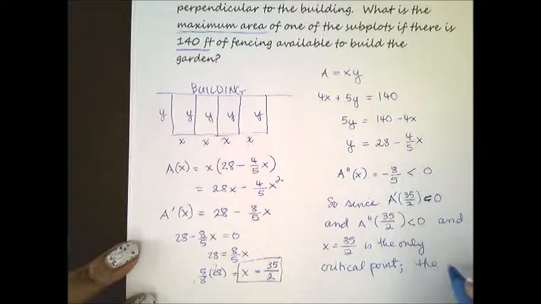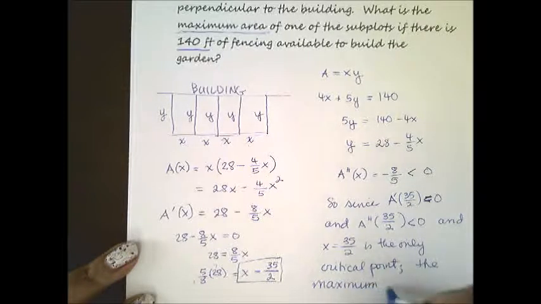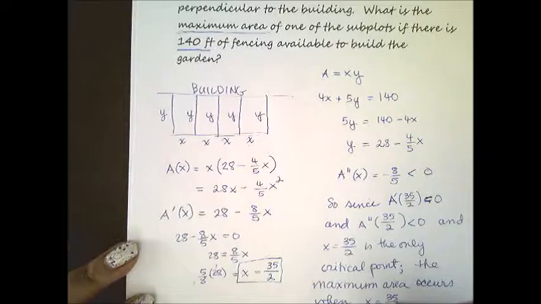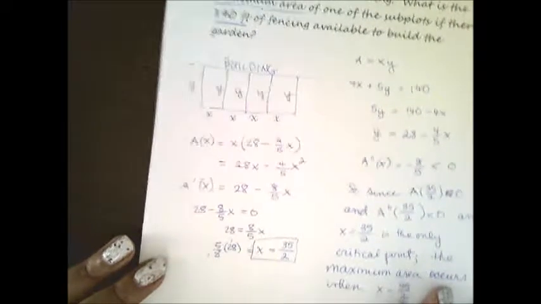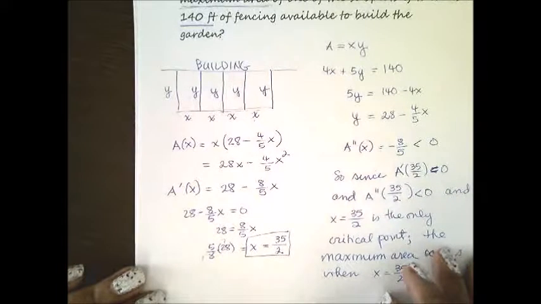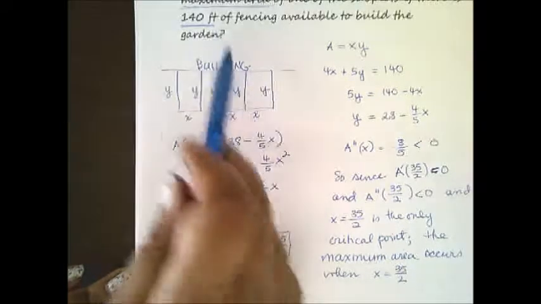the maximum area occurs when x is equal to 35 halves. Right, so there's my justification using the second derivative test. I hadn't done that anywhere in this particular video. And I look at it, it's like, what is the maximum area is what they're asking for.